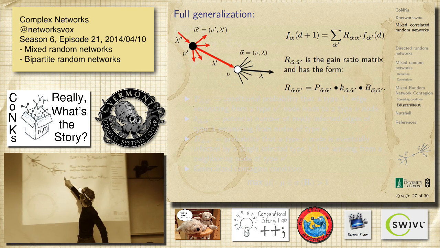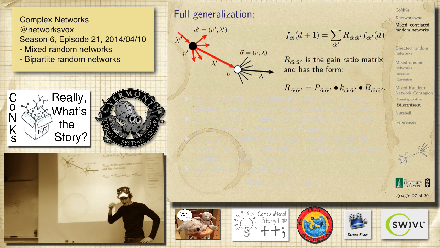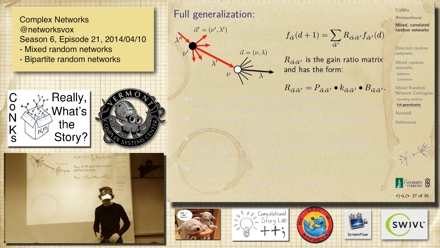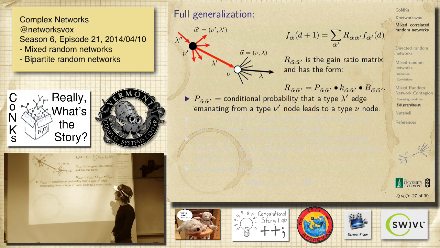It's a bit funny, but it's the number of pieces coming out that have nu, and so it's going to be type nu and lambda as the edge. So it's the count of those. You have to be careful. Sometimes there's a -1 again. That's a little bit of a nasty thing.